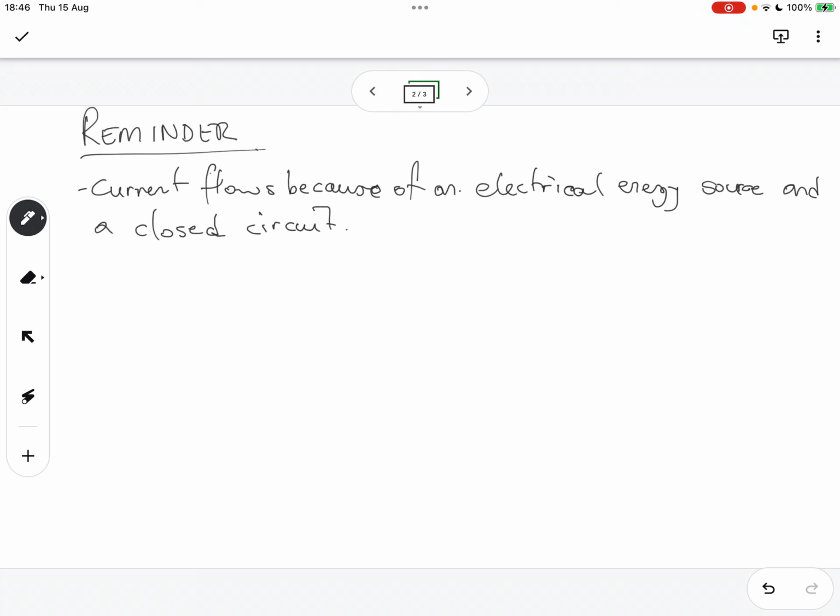So the importance of a closed circuit, if you think about it: if you just have the charger connected to the wall and it's not connected to your phone, there's no closing of a circuit there. Or let me just share screen. Why is this not allowing me to share screen?